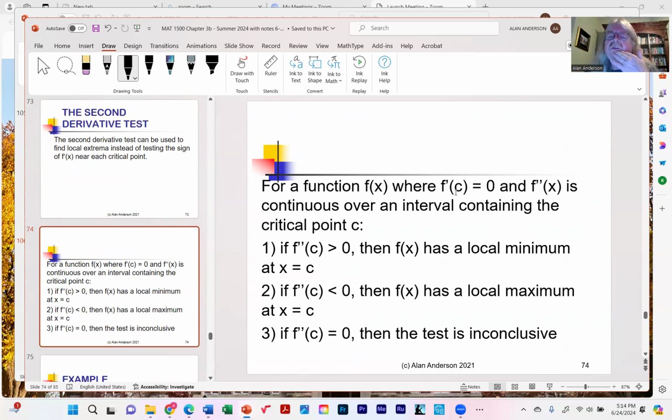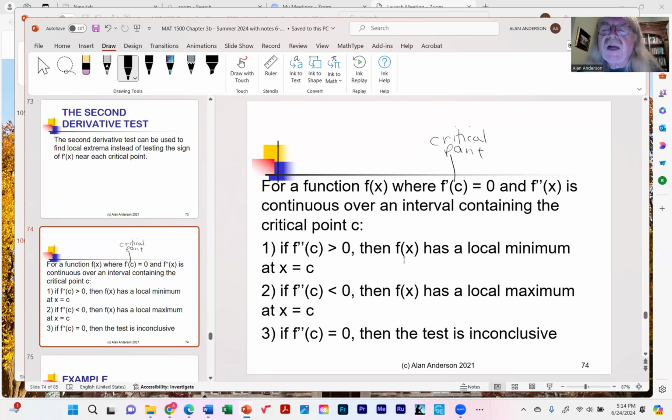If we find a function where the first derivative at that point C is equal to 0, this is our critical point. And the second derivative has to be continuous and exist, of course, in the first place.